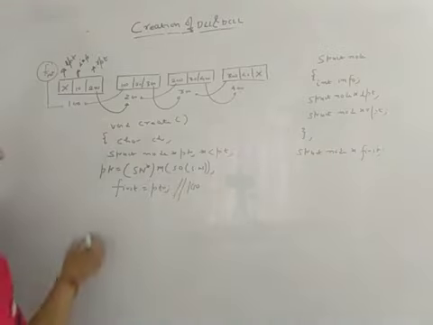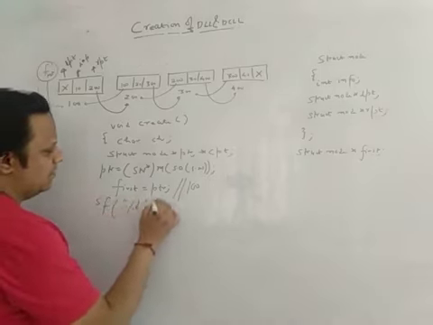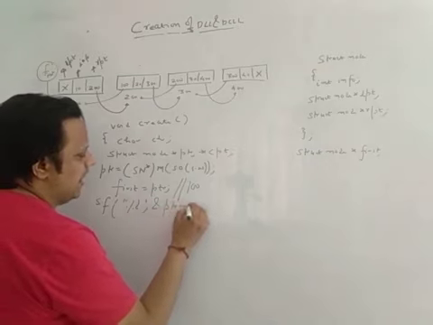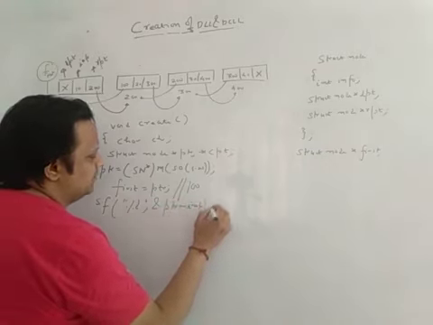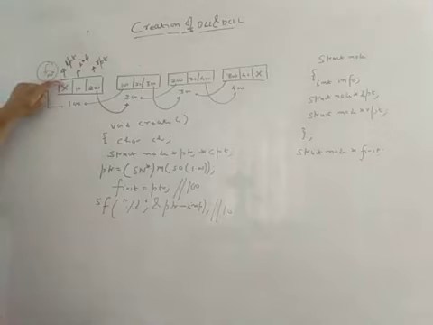And then I will insert the info part. So I will write scanf %d comma address ptr arrow info, and let's suppose if I insert 10. So 10 gets in the info part of the first node. Now see, if you have created this node, what you require? This LPT of the first node should be null because there is no previous node.